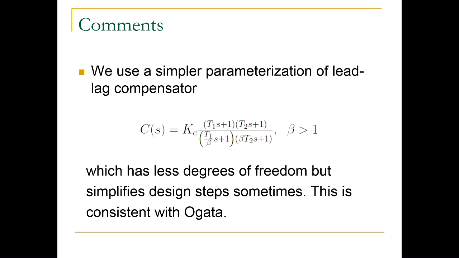So the amount of lag that I will have at low frequencies will be exactly the same as the amount of lead at higher frequencies, because beta is the same. So what I'm doing in the next step is determining how much lead I will be providing with the lead component, because beta is the same. This is where this parameterization simplified the design.